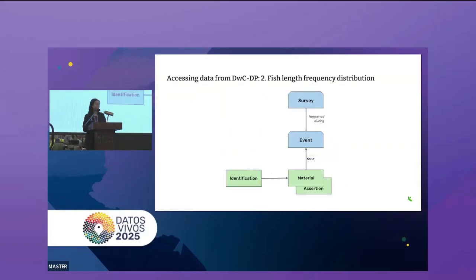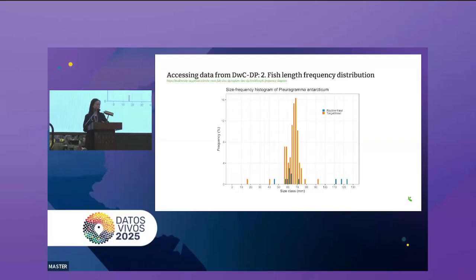So we look at the material assertion, where the fish lengths are, and then look at which trawl type it is from, whether it's from a routine or target trawl. That's information in the survey table. So the answer is yes, we can do that. We can plot out a fish length frequency distribution.